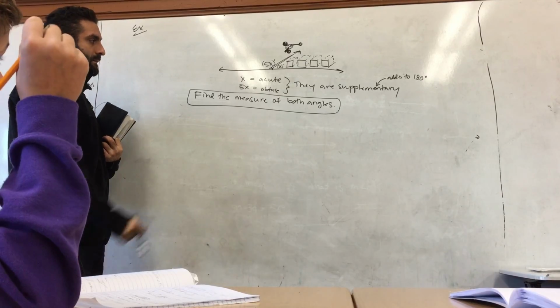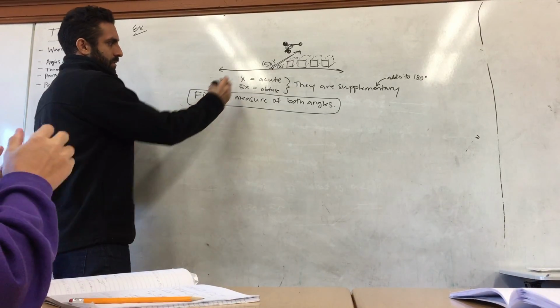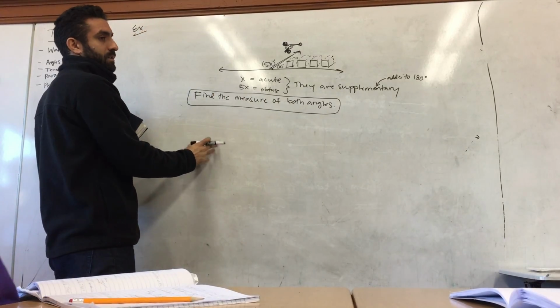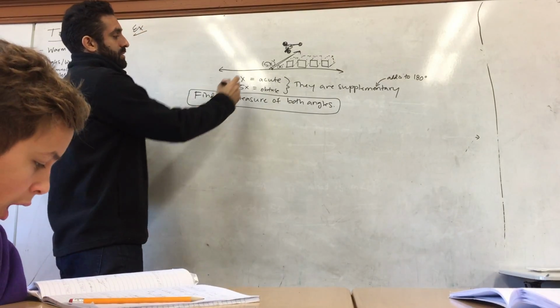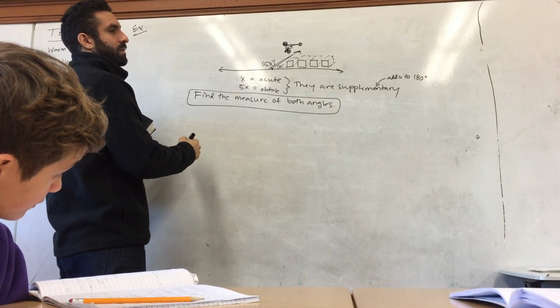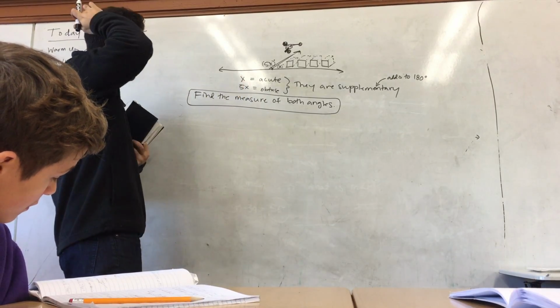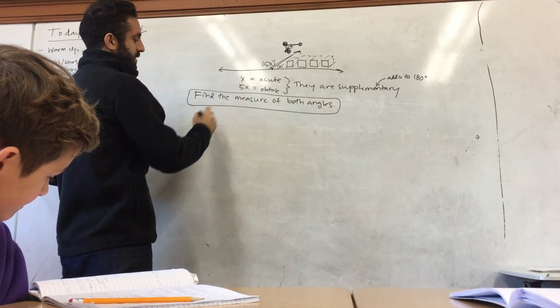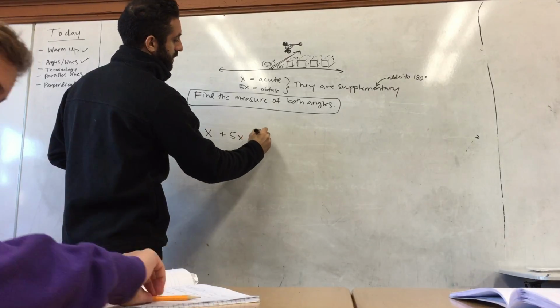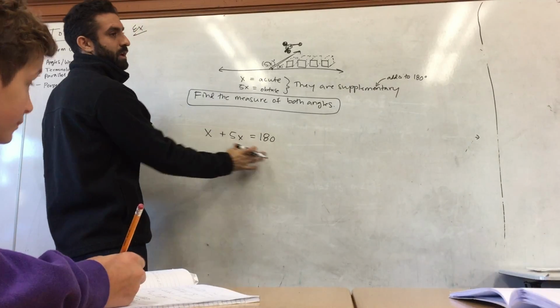If something adds up to something, how do you represent that? If x and 5x, x plus 5x equals 180. Okay? They add up to 180.